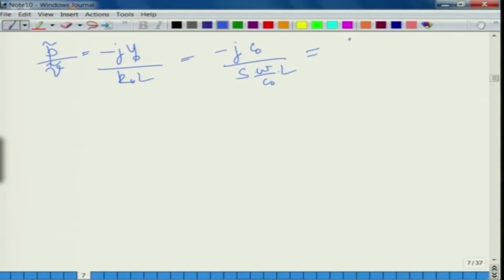So, you will get just C naught square by j in the denominator and S omega L, isn't it? Or do we need to do anything further? Well, it turns out that we can probably do a bit better in terms of mass velocity.